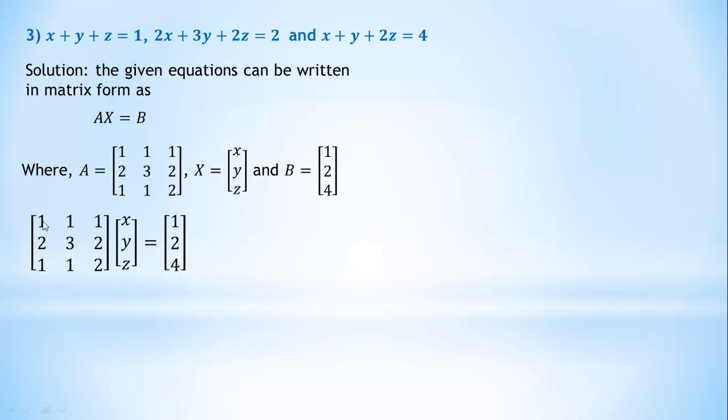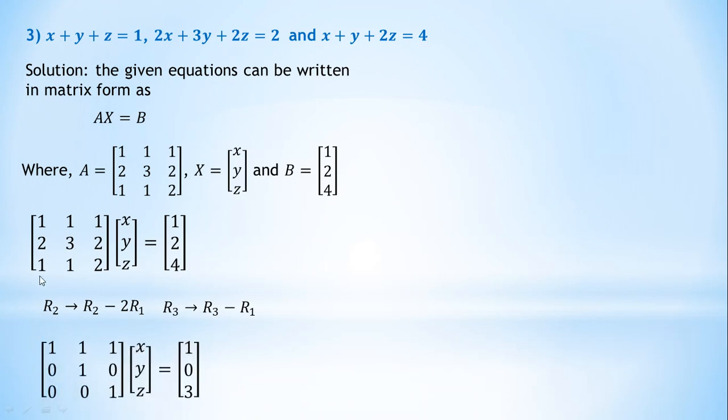Now here there is 1, so it is easy to convert this to 0 and this one to 0. Now if you perform the operation, that is R2 changes to R2 minus 2R1, and simultaneously R3 changes to R3 minus R1, then what will you get? See the second row only: 2 minus 2 we get 0, then 3 minus 2, because 2 into R1, so 3 minus 2 becomes 1, then 2 minus 2 will get 0 here.